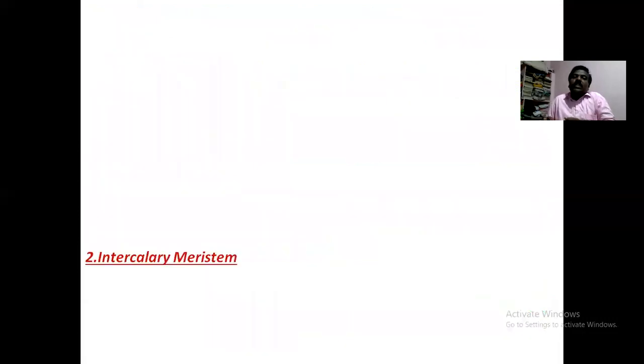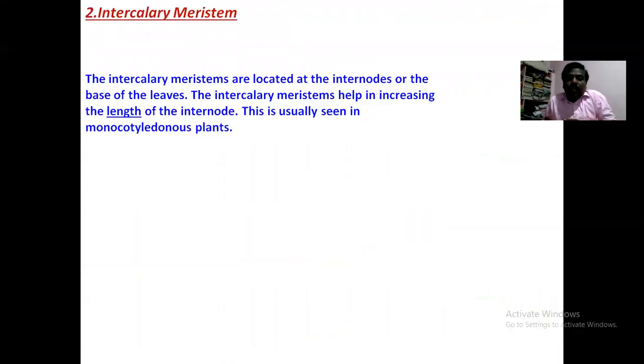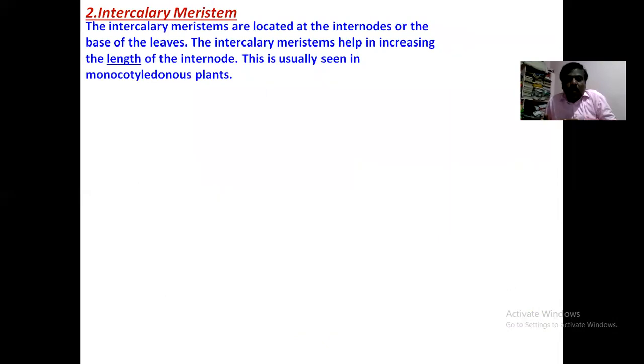The second one is intercalary meristem. Intercalary meristems are located at the internodes or the base of the leaves. In shrubs or small trees, there are internodes at the base of the leaves.